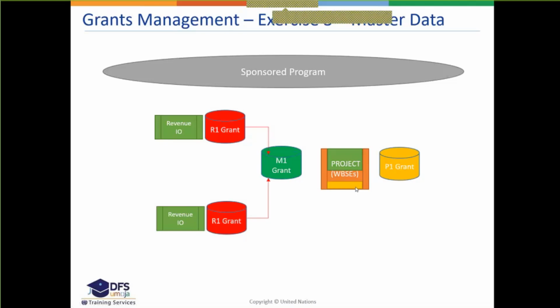Yes, so we have a question from Emil. He's wondering whether we have to create, or we have created, two R grants, while the scenario clearly mentioned that the contribution is done to a funding pool.